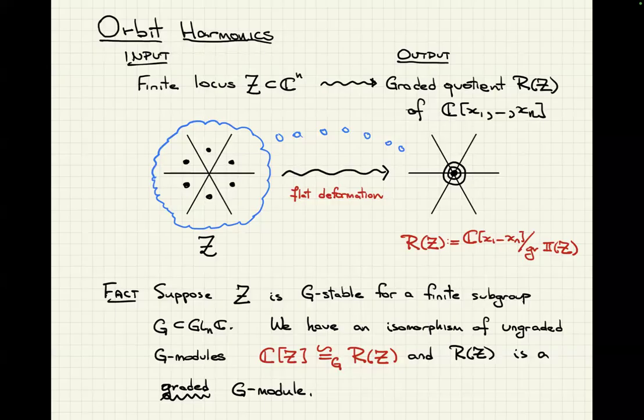So the action of G on my locus of points is going to be isomorphic to the action of G on this quotient ring, but this quotient ring, we almost got something for nothing. It has this new graded structure. So this is the orbit harmonics deformation, and we're going to jump into examples in a bit, but maybe I'll pause to see if there are questions.